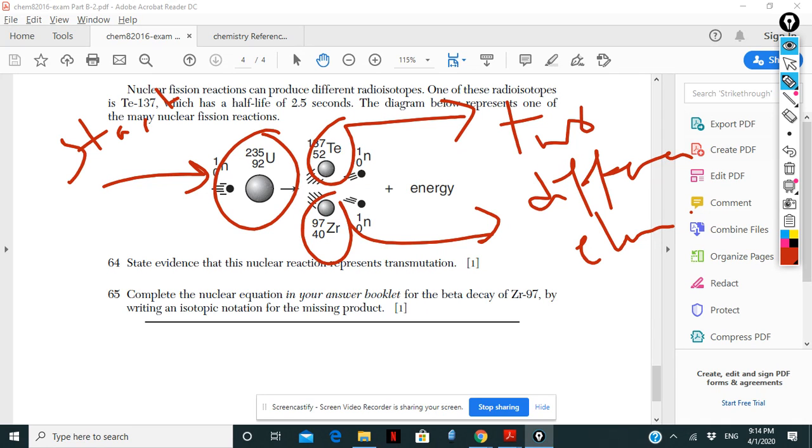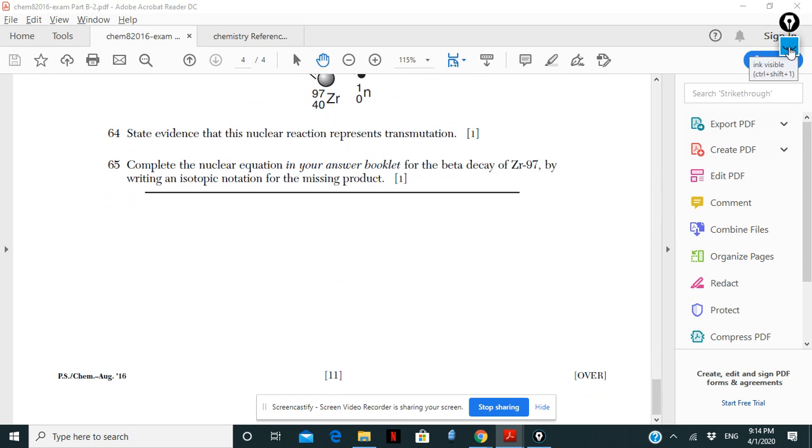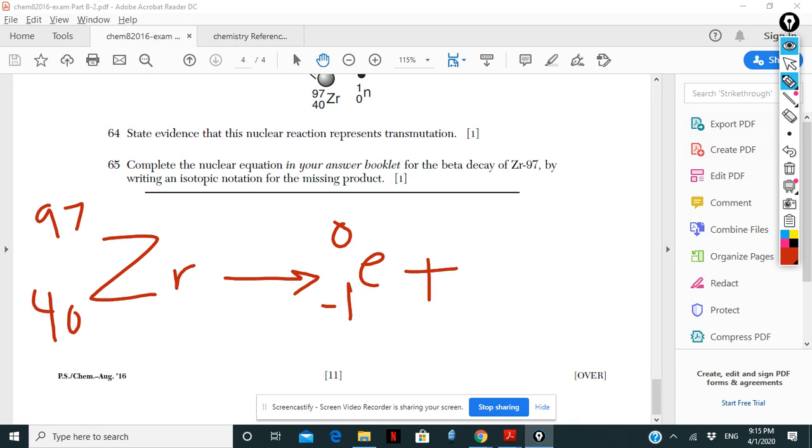Now the second part, he's asking to complete the beta decay. So we have zirconium-97, 40. He said beta decay means I have an electron, plus here it's 40, so I need the sum to be 40. What plus -1 gives me 40?